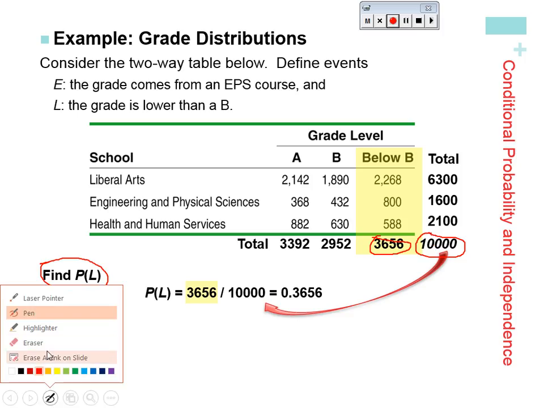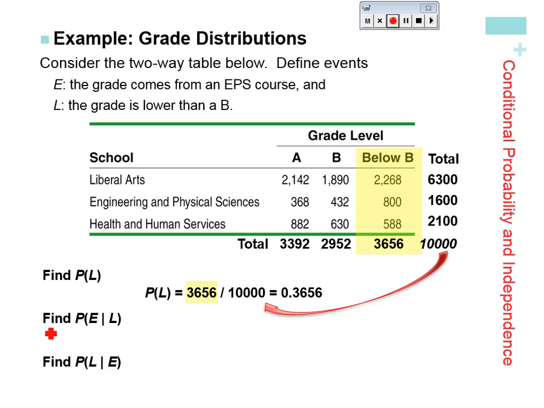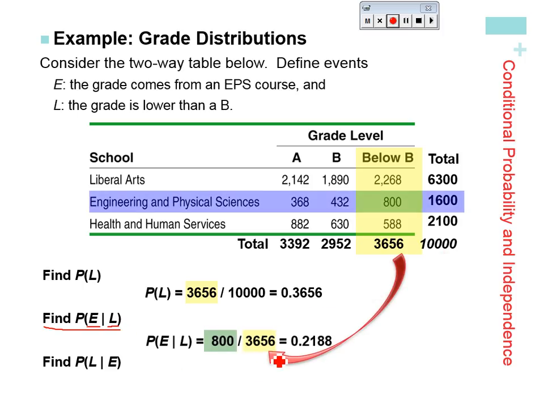So the second part of this, which is the probability that someone is in the engineering and physical science classes given that their grade is lower than a B, this probability here would be 800 out of 3656. So when we're talking about this part right here, given that someone has a grade that's lower than a B, we're essentially just restricting the table to these values right here.